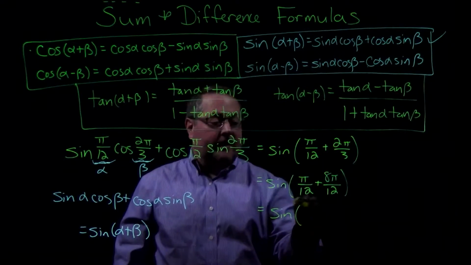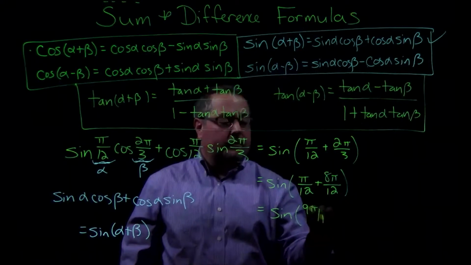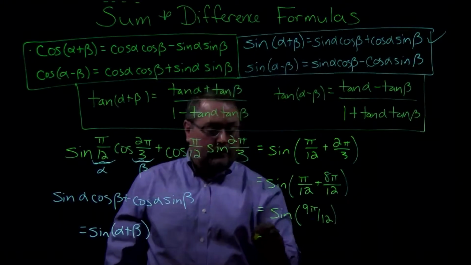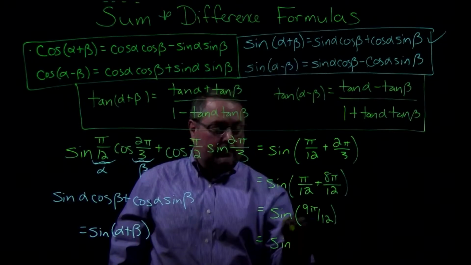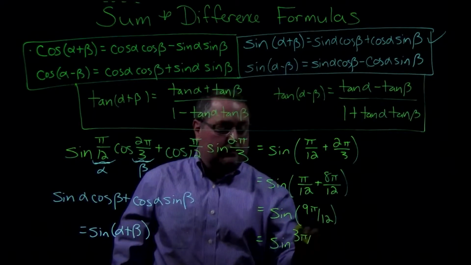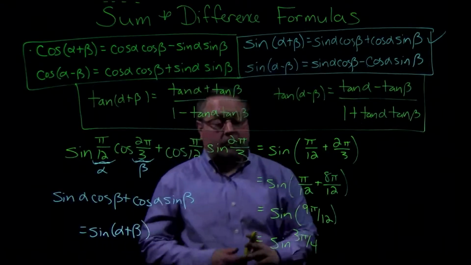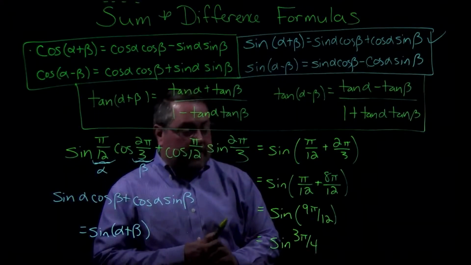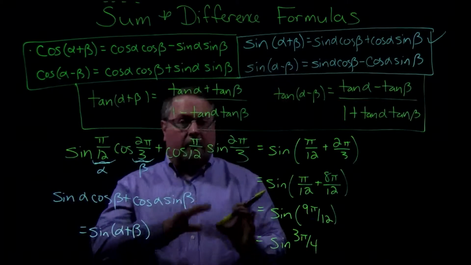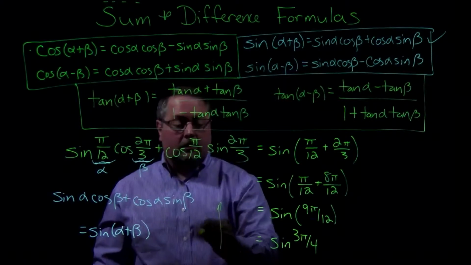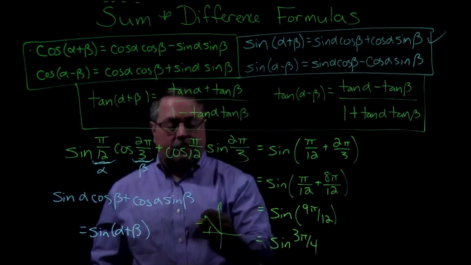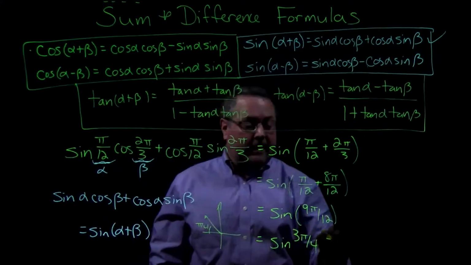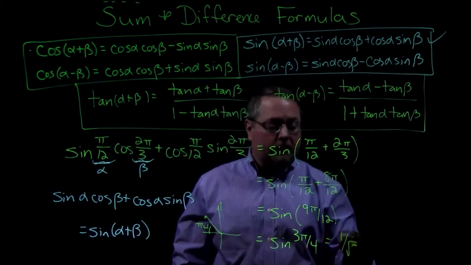So we have the sine of 9 pi over 12. And 9 over 12 simplifies to 3 over 4. Okay, so we have the sine of 3 pi over 4. 3 pi over 4 is a second quadrant angle with a reference angle of pi over 4. So the sine is 1 over square root of 2.